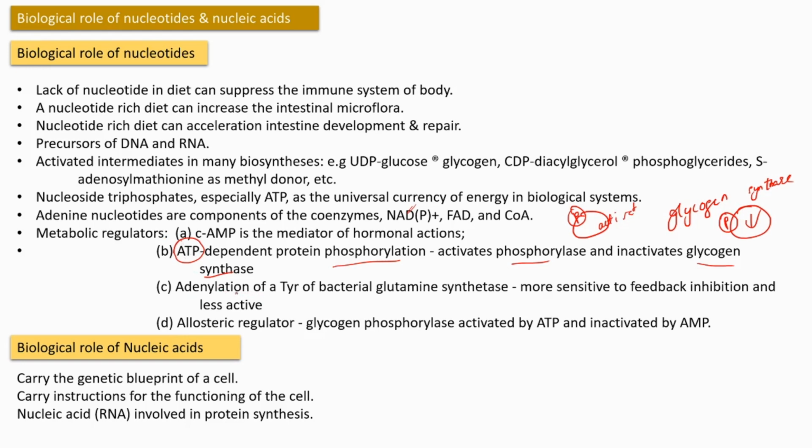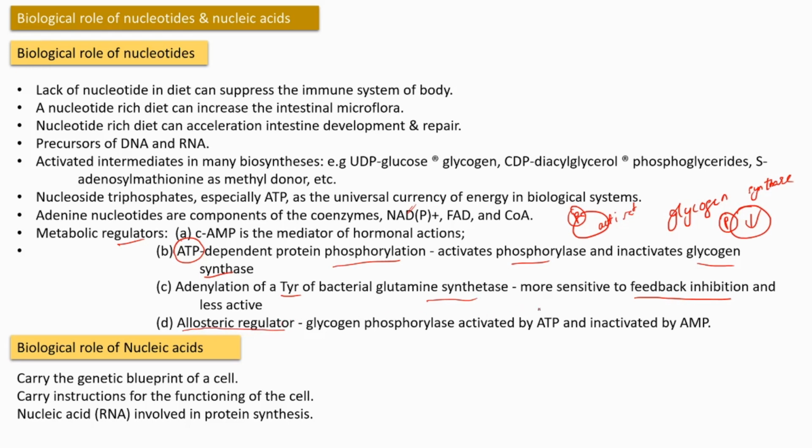Then adenylation of a tyrosine amino acid of bacterial glutamine synthetase. To this enzyme, to the tyrosine amino acid, adenylation happens. And what is the effect? In this way, that enzyme becomes more sensitive to feedback inhibition. That is another regulatory role of nucleotides. And it can also act as an allosteric regulator.